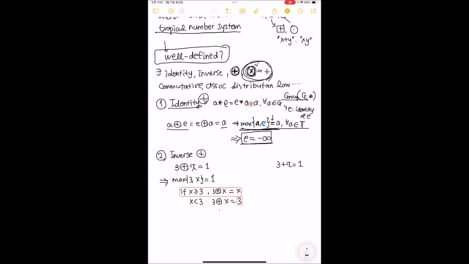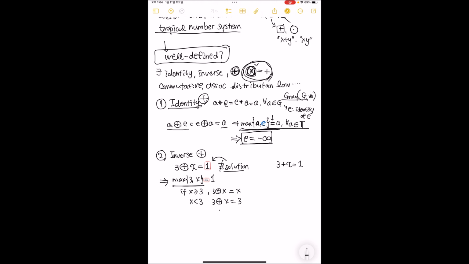Whenever x comes, the result does not equal the required value. So in this case, there is no solution. So this is not an equation.